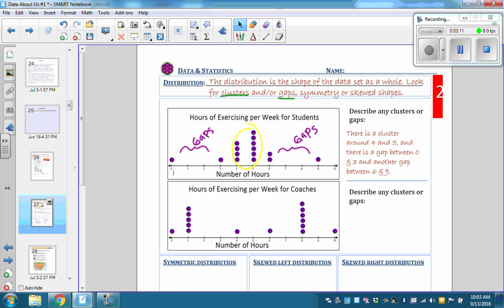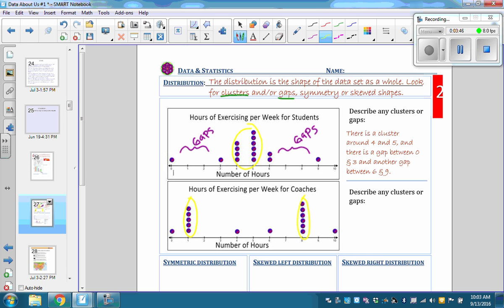Similarly, when we look at the second line plot, hours of exercising per week for coaches, we notice there are smaller clusters. Here's a cluster around 1 and 8, or just maybe a high frequency. If you look at coaches, each dot, 1, 2, 3, up to 15.